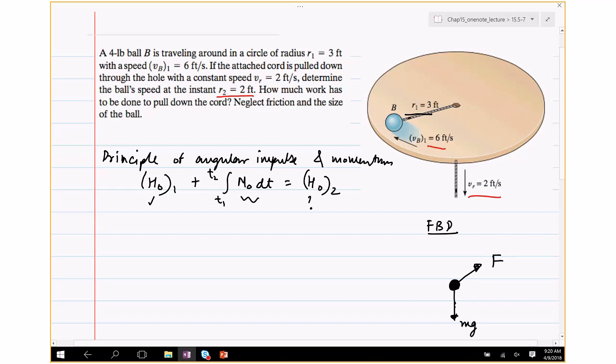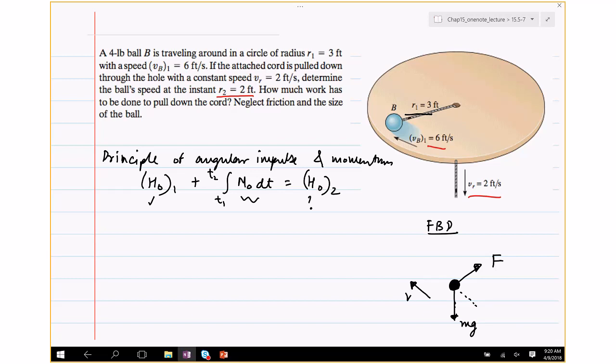Is there any other force? There's no friction, so there's no force. Otherwise, there'd be a friction force in the direction opposing the motion, right? It's moving this way. Okay, so this will help us to find the moment.